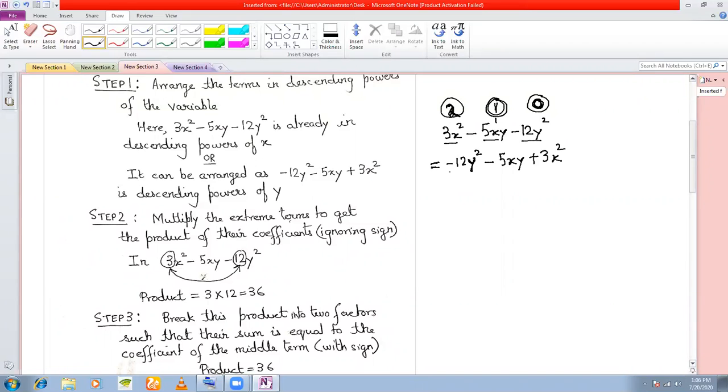See that I have rewritten this trinomial with the y squared term first. So what do you see? Isn't this descending powers of y? You have the power of y here as 2, the power of y here as 1, and the power of y here as 0. Can you understand what I am saying or not? Yes, sir.